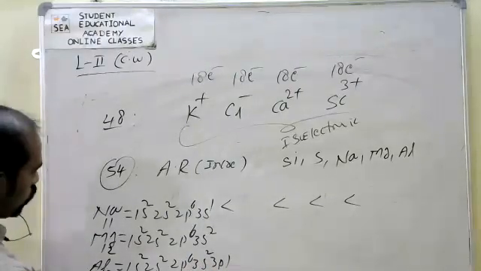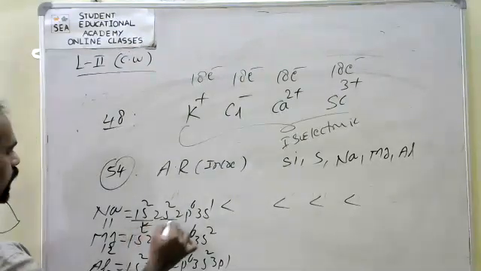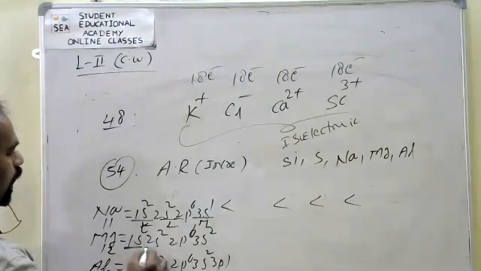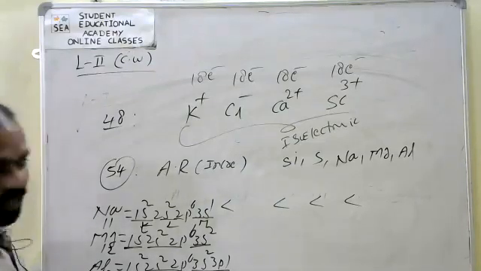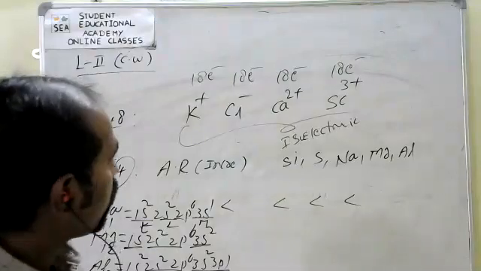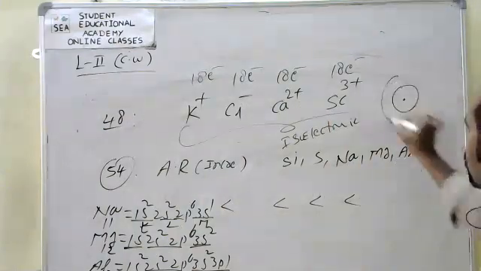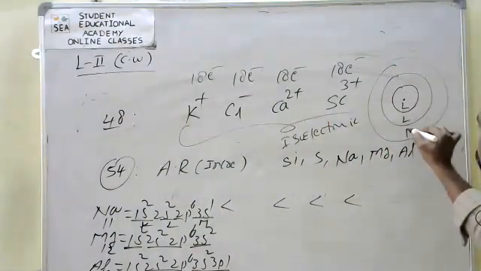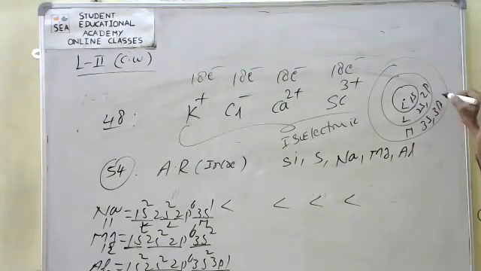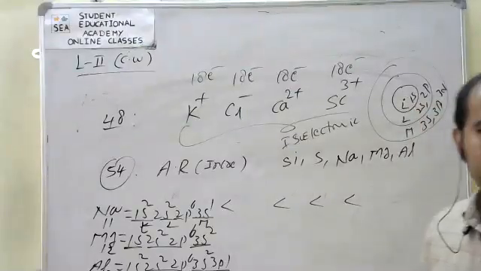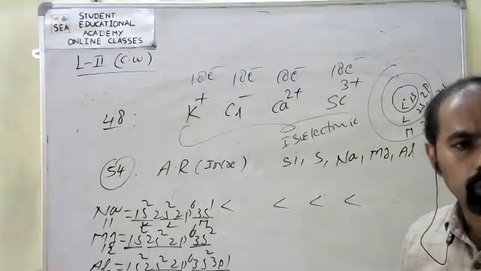Then 1s2, 2s2, 2p6, 3s2, 3p2. See this: K shell, L shell, M shell. So all elements' electronic configurations, if you observe, the distance between nucleus and valence electron is the same. K, L, M only. Maximum this only.